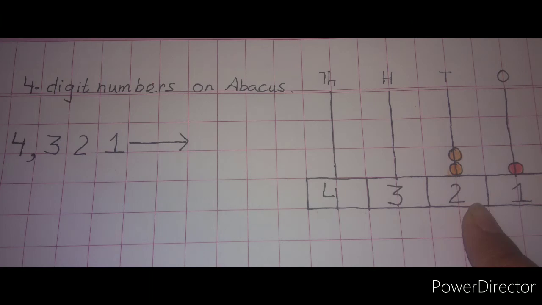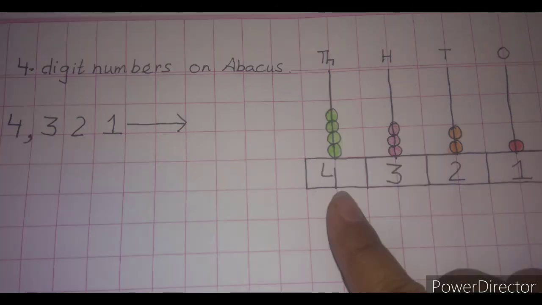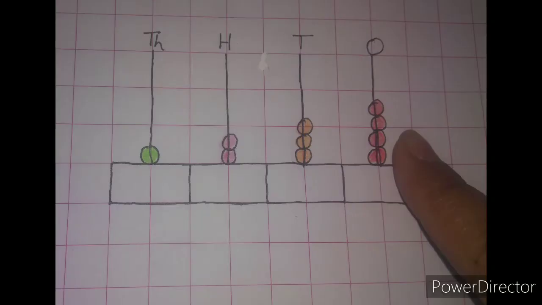Under 100 it's written as 3, so we will put how many beads? 3 beads, 1, 2 and 3. Under 1000 the number is 4, so we will put 4 beads, 1, 2, 3, 4. So it becomes 4321. Let us look at one more example.